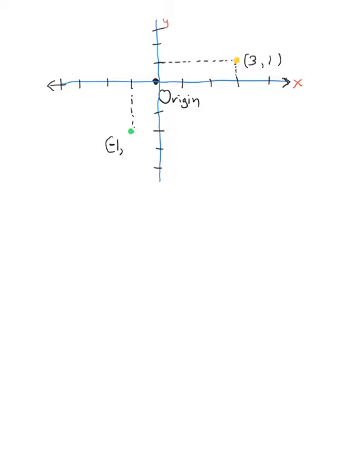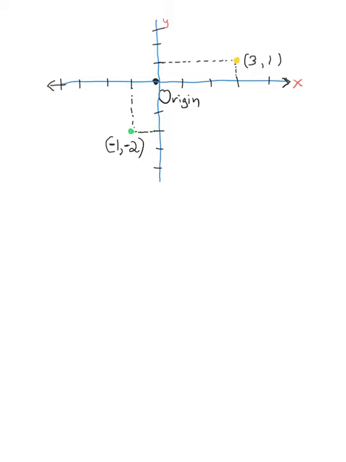Well, let me use the black again just to keep the colors consistent. Well, it is 2 down, so -2 on the y-axis. So we can give this point the coordinate (-1, -2). So hopefully you get a feel for what's happening here.